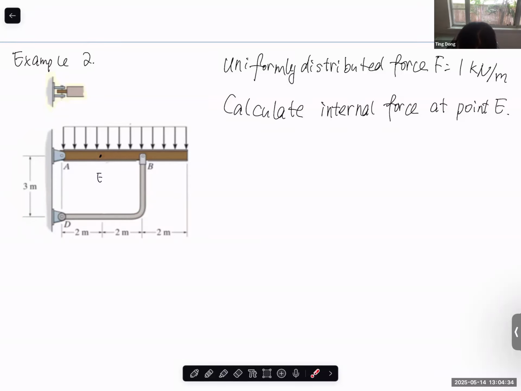Calculate the internal force at point E. Figure out later.